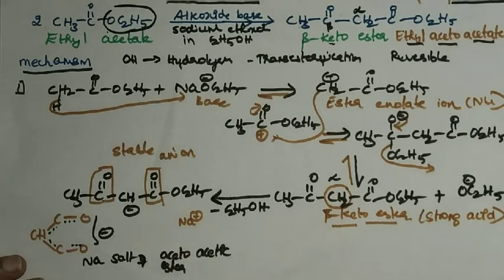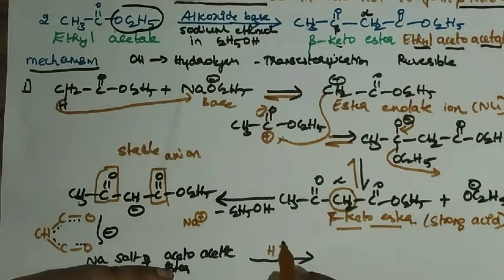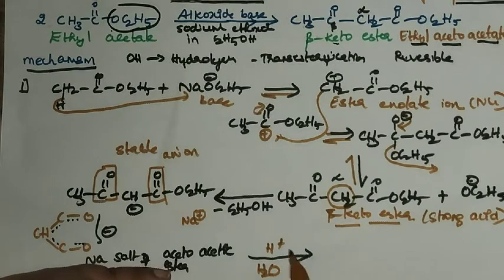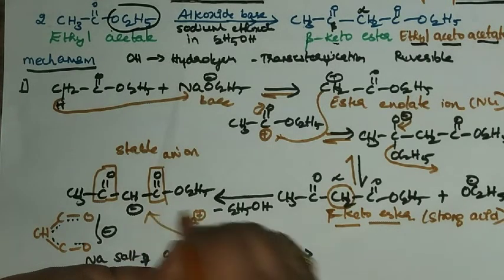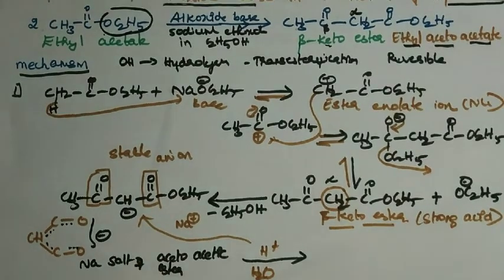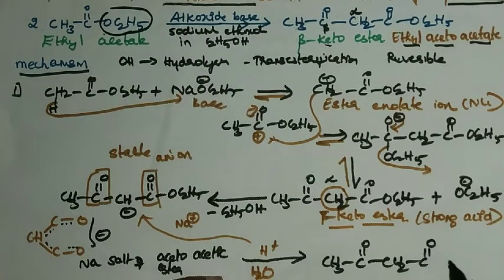Once this sodium salt forms, after acidic workup, protonation occurs. So where is the proton added? The proton will attack the anion, and finally we will get beta keto ester with good yield.